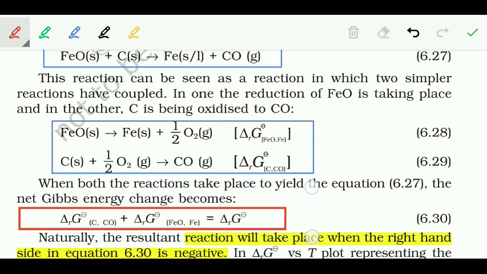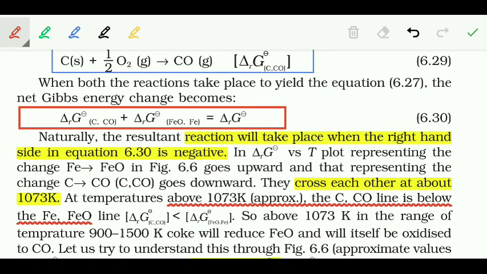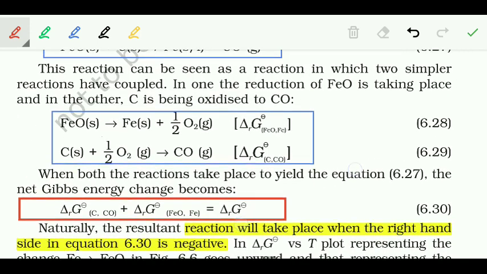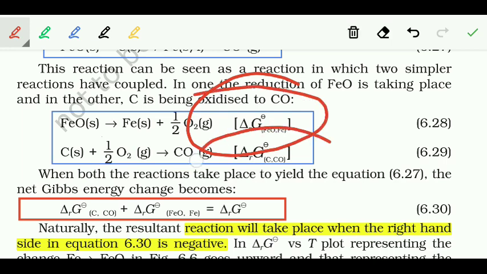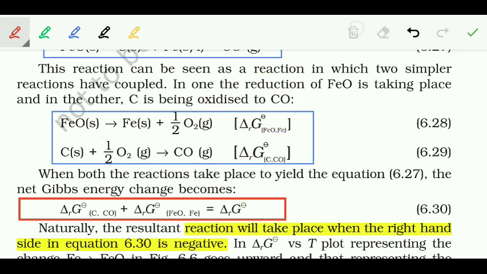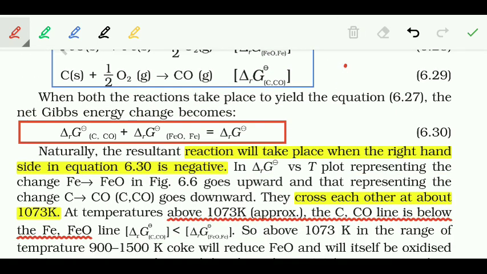Now focus on the next point. When both the reactions take place to yield equation 6.27, then the net Gibbs free energy change becomes as follows. For both reactions we have the delta G value, that is delta G naught of FeO to Fe and the delta G naught for carbon monoxide. Whenever we combine the reactions we must combine the Gibbs energies as well. So for the overall reaction we are dealing with two kinds of energy.